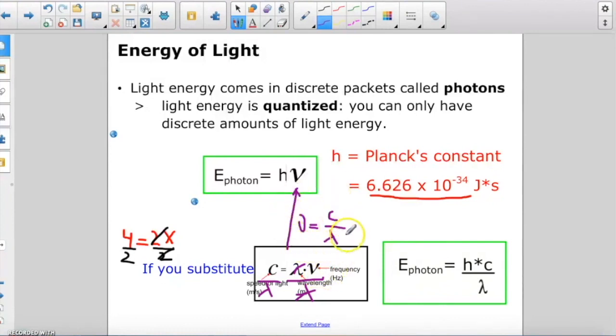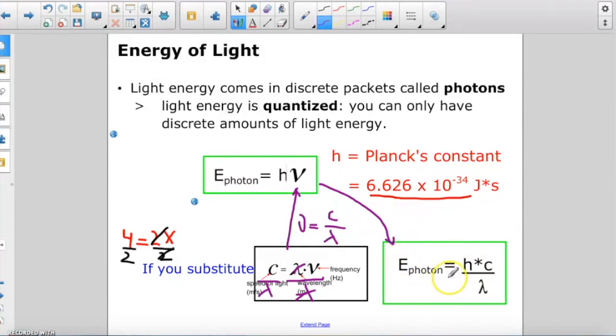If I plug this in on the equation on the top, energy of the photon equals Planck's constant times the frequency, I will end up having this equation over here on the bottom.